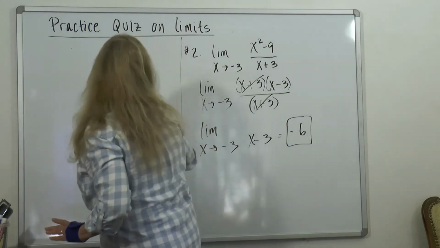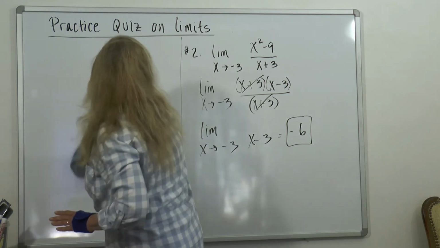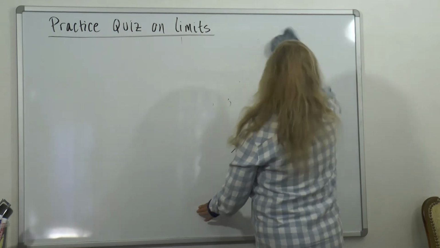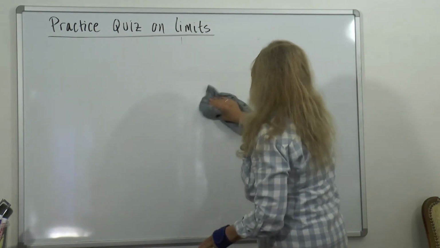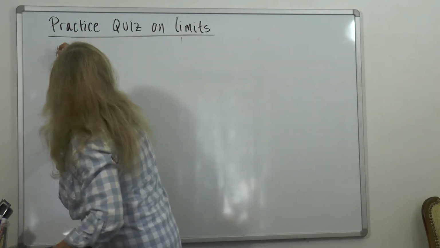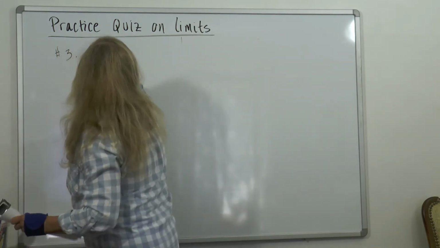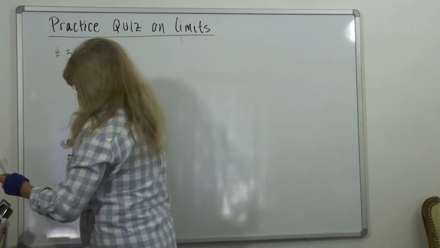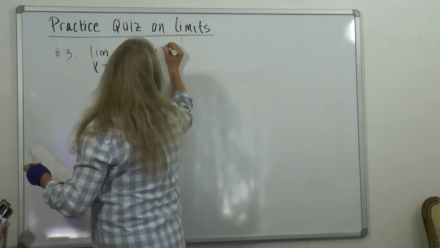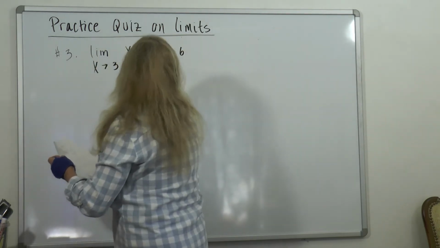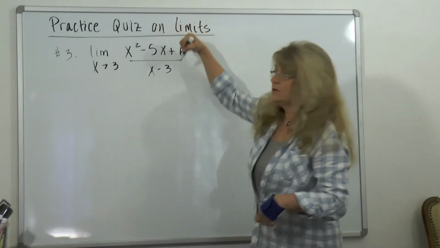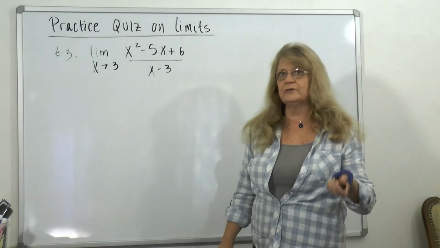Okay, the next one is similar kind of deal, but the factoring, you have to maybe put a little more thought into it. Not a lot. Okay, this trinomial, a lot of students factor it incorrectly.